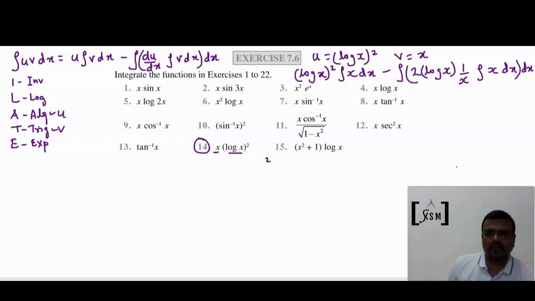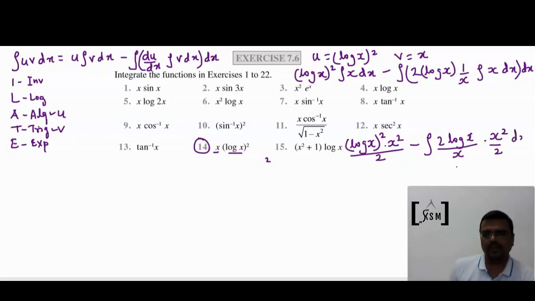So let's write it nicely. That simplifies to log x whole square times x square over 2, minus the integration of 2 log x over x, times x square over 2, the integrated value.